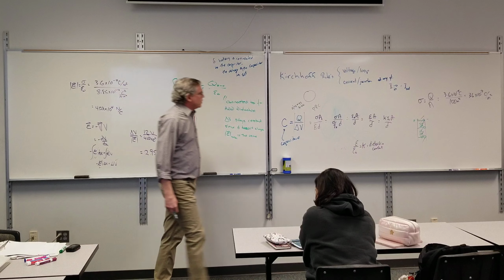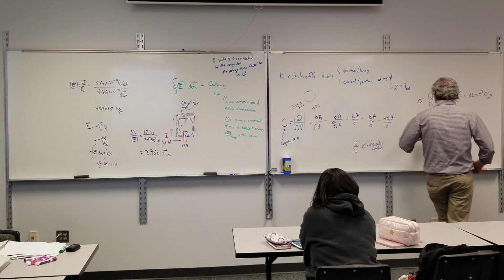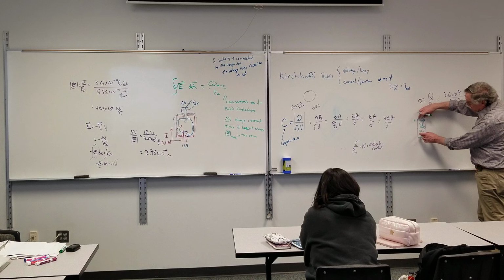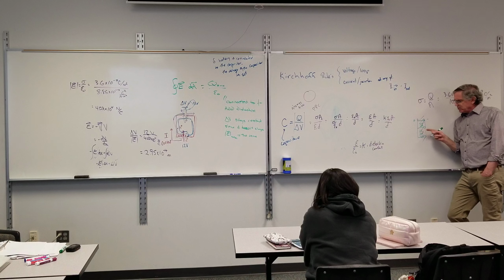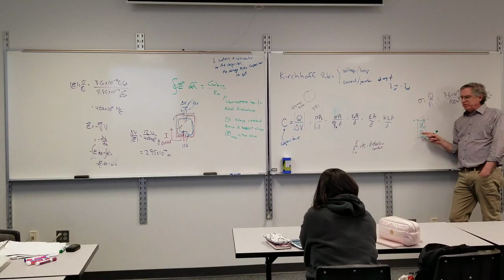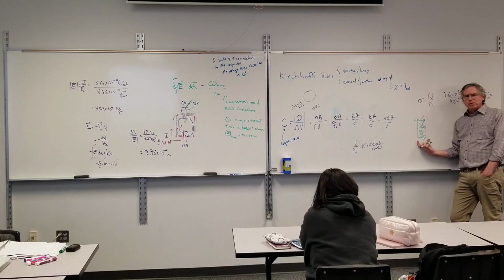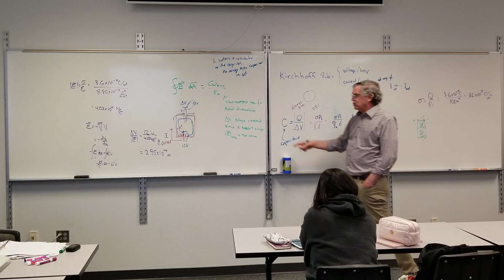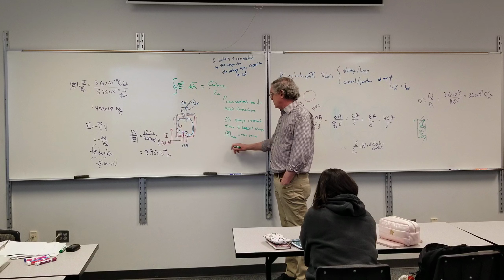But I have a whole bunch of electric fields. If my total stays the same, I have a bunch of tiny electric fields going in the opposite direction. The only way that my total electric field can stay the same is if the electric field from the plates goes up. Because I have a whole bunch of negatives in here, I have to offset that. So my electric field on the plates goes up. So the total electric field is constant.